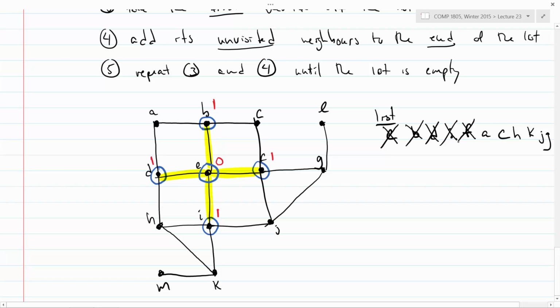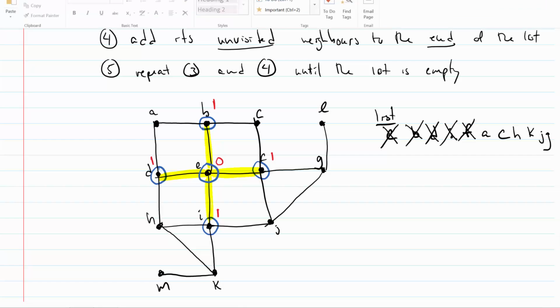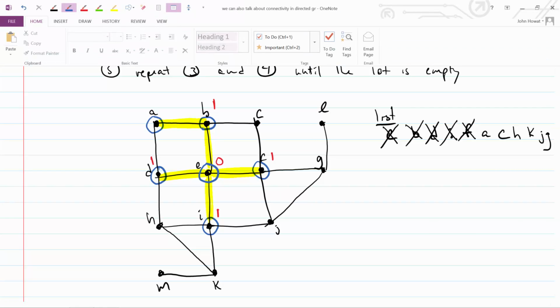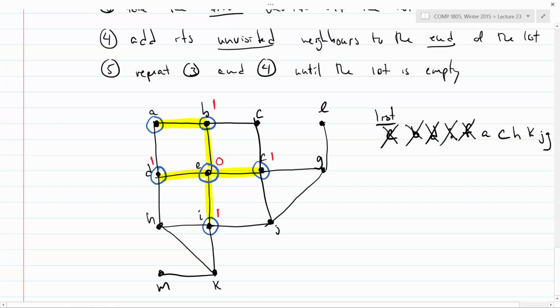You would go to A. How would you get to A? Right, from B, because B is where you added it to the list. So now I have this edge to A. A is now visited, which is nice. And notice that it takes 2 edges to get from E to A.